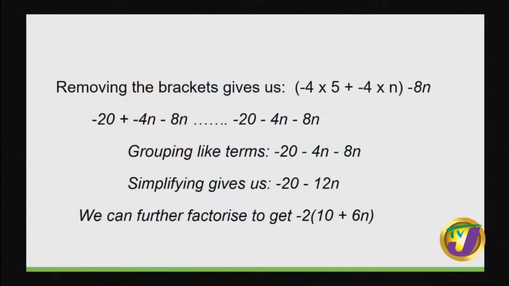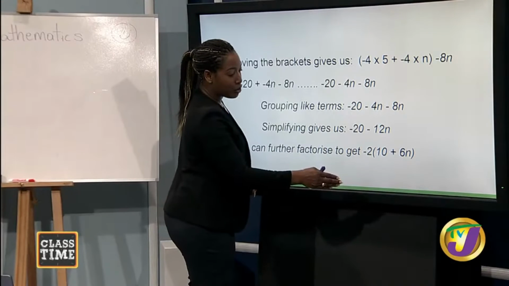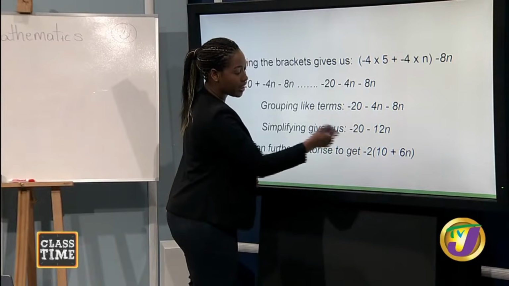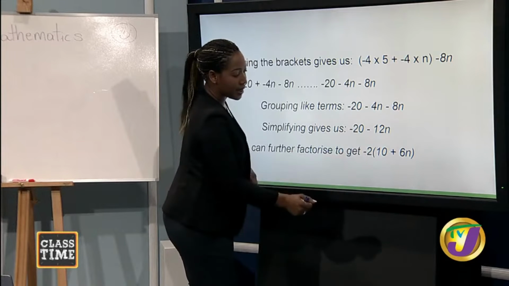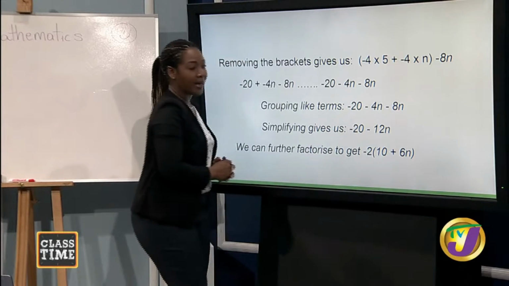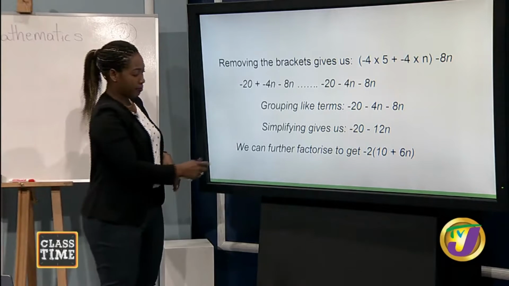Remember, whenever you factorize out a term, you can undo the factorization, so if I were to multiply the negative 2 by whatever is in the bracket, I must get back what I started with. Let's just run through that. Negative 2 multiplied by 10 will give me negative 20. Negative 2 multiplied by positive 6n will give me negative 12n.